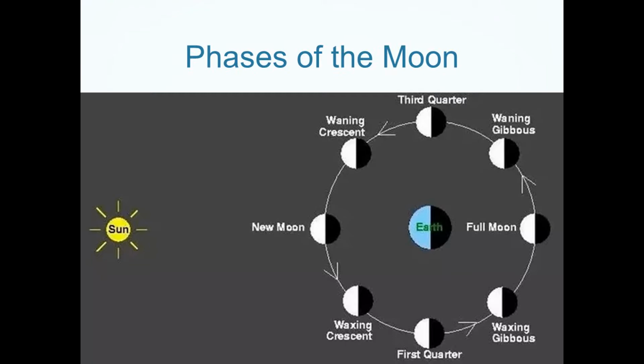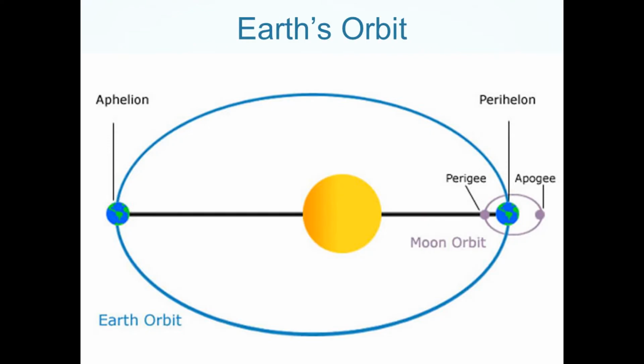Okay, so the Earth's orbit, this is the Earth's orbit around the sun, and this has an effect on the solar tide. So when the Earth is at the perihelion, that is the closest point to the sun. And then the opposite would be the aphelion, which is when the Earth is furthest away from the sun. And then the purple circle represents the moon's orbit around Earth.